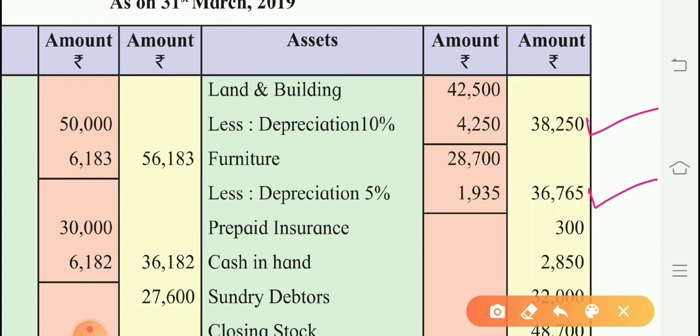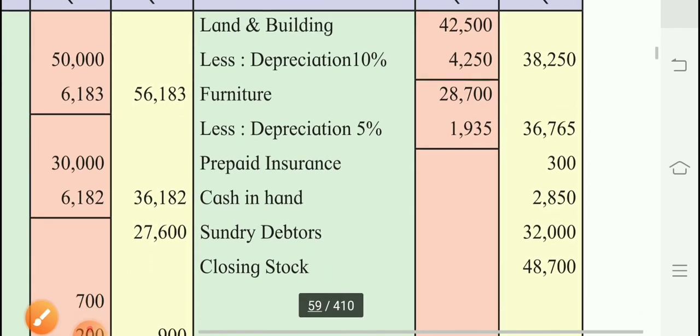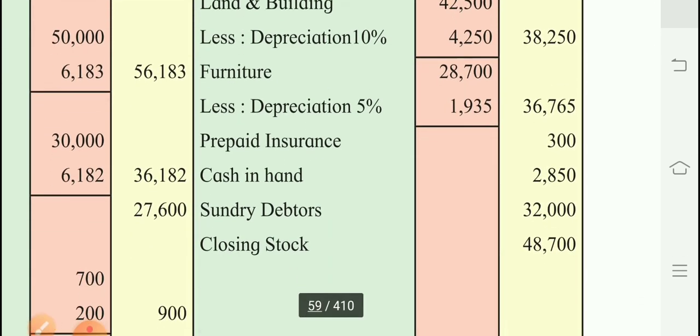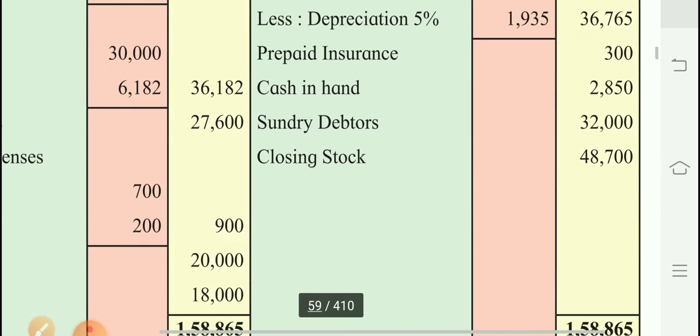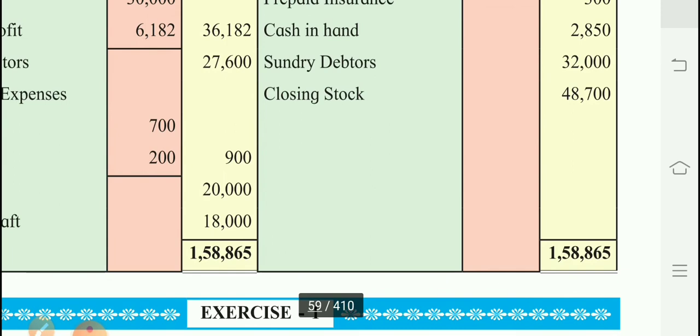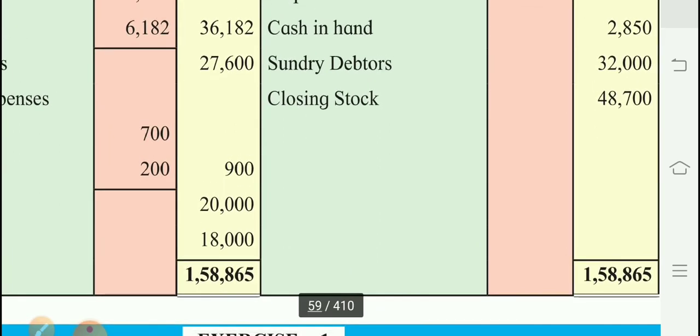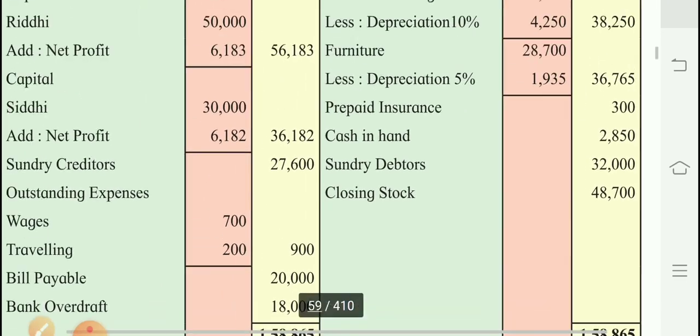Remaining amount we have written on outer column, 36,765. Next, prepaid insurance of rupees 300. Cash in hand 2,850. Sundry debtors 32,000. Closing stock 48,700. At last, we will do the total of balance sheet, that is 1,58,865. It's the total of our balance sheet.